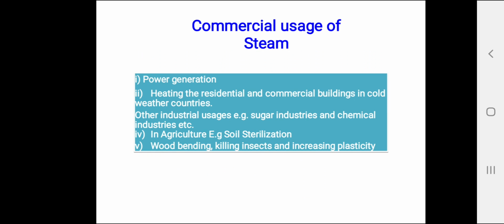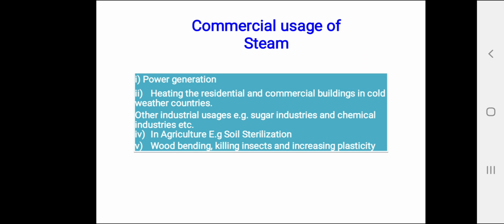Steam is required in sugar industries and chemical industries. In agriculture, steam is required for soil sterilization. Steam is also used for wood bending, killing of insects and increasing plasticity. So steam has wide application, both commercial and domestic.